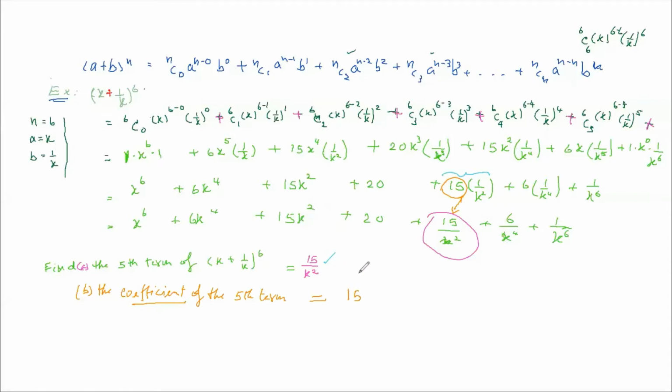Then we go and try the next example. This one is going to be an example of finding the expansion of an expression when both terms have unknown variables.